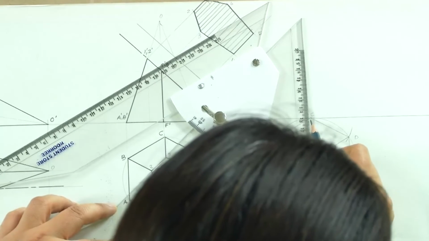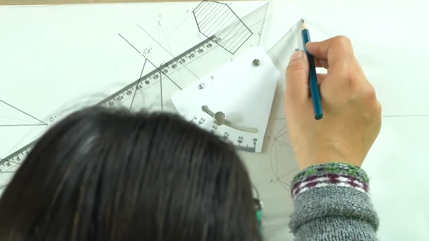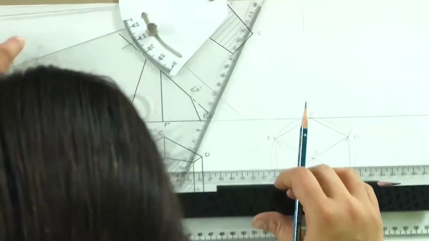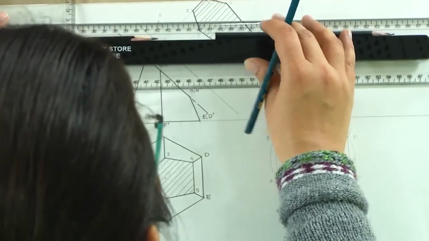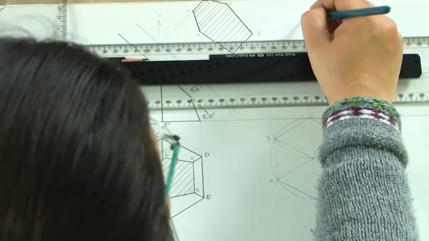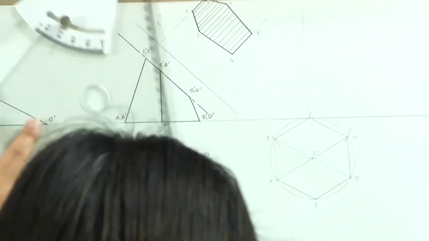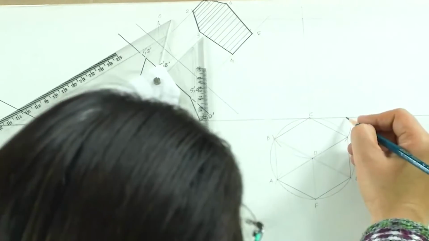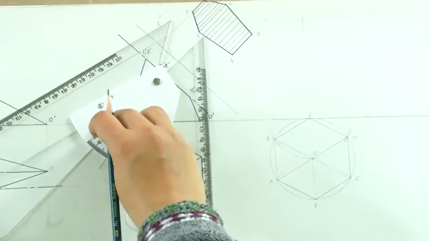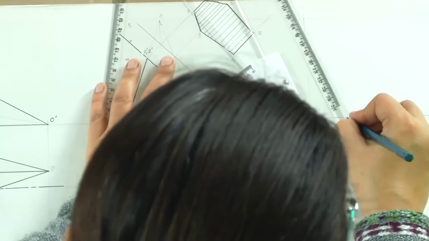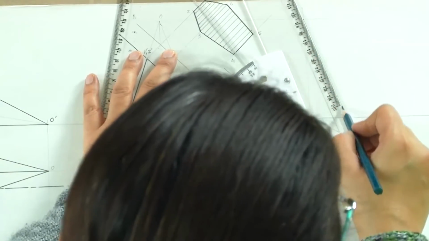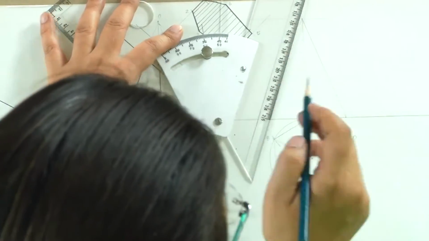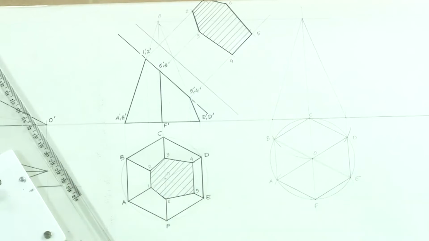We will take the front elevation, taking the same height as the previous one. This is the front elevation in the original condition.